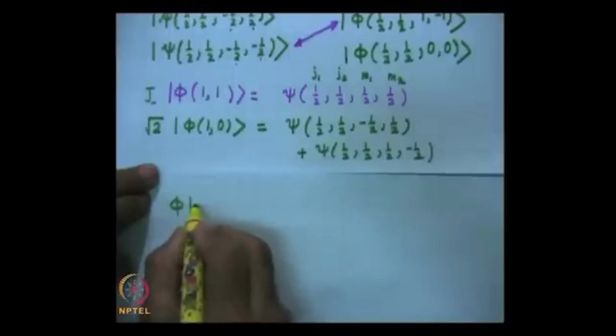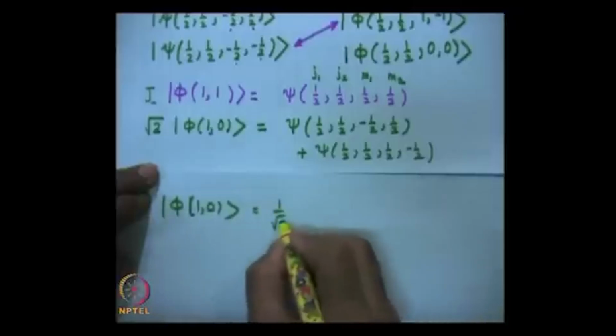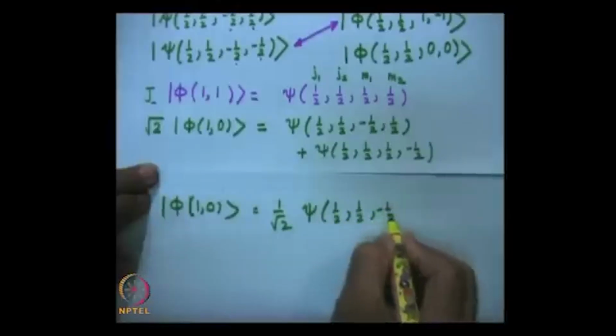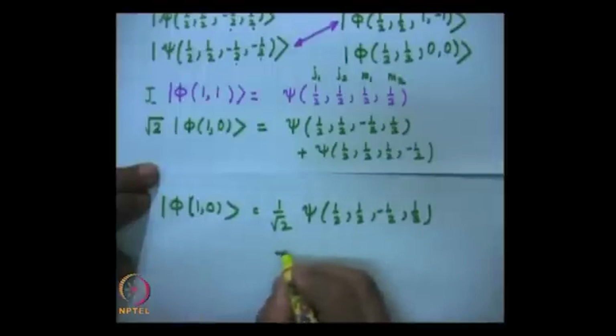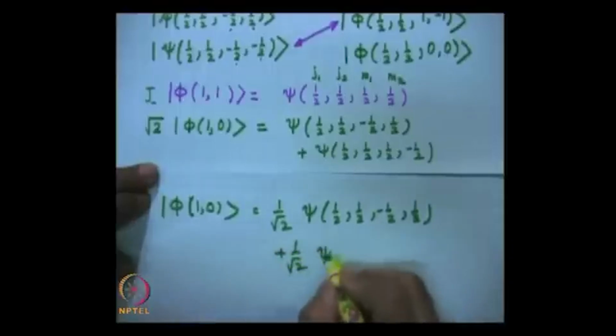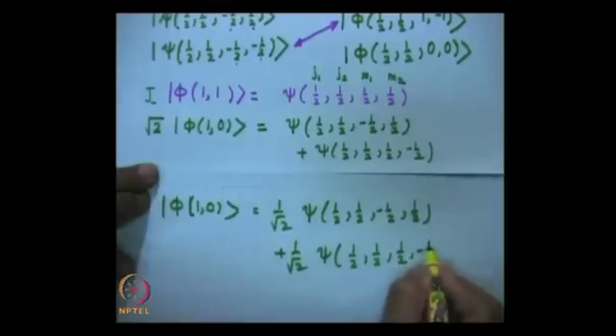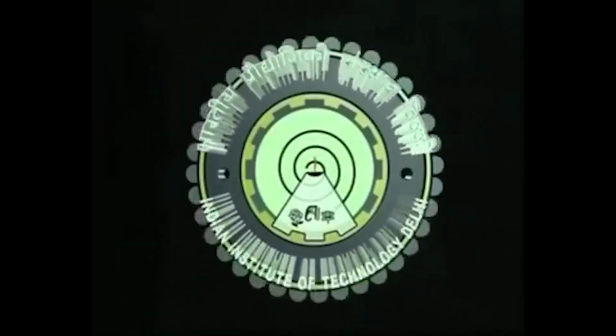So, I get finally the result that phi 1 0 is equal to 1 over root 2 psi half, half, minus half, half plus 1 over root 2 psi half, half, half, minus half. These coefficients are known as the Clebsch Gordon coefficients. We will continue from this point onwards in my next lecture.